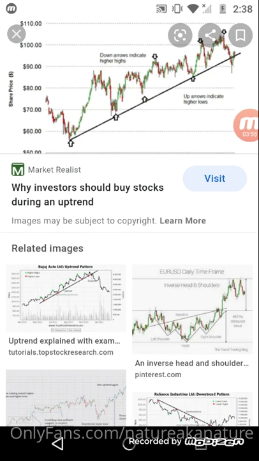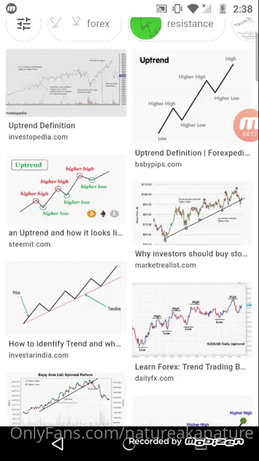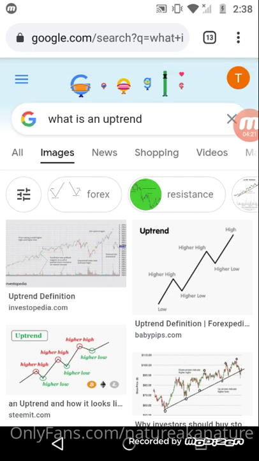Higher highs, higher lows. The arrows at the top going down indicate the higher highs, and the up arrows indicate the higher lows. So now we understand what an uptrend looks like. Let's actually read about it.